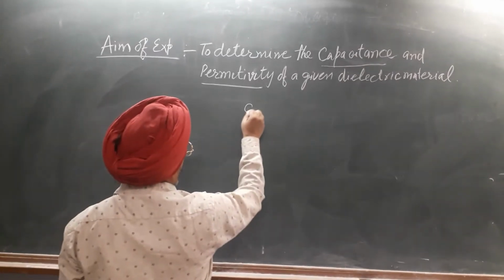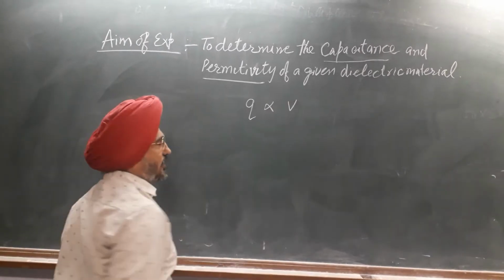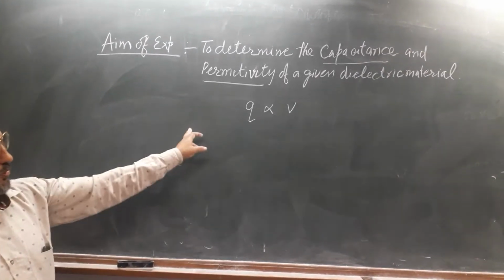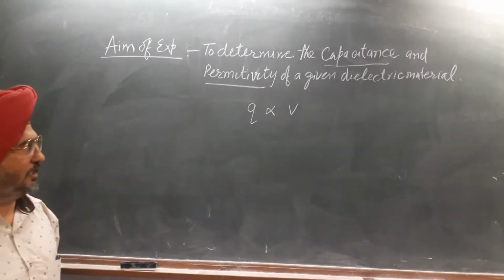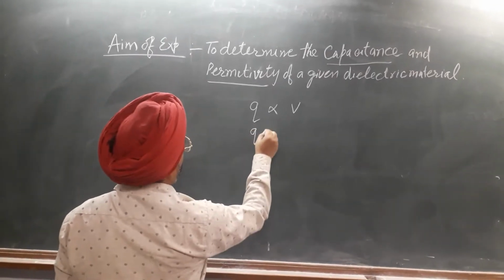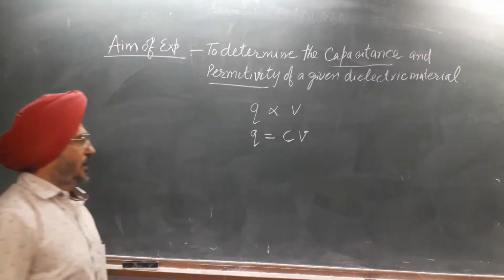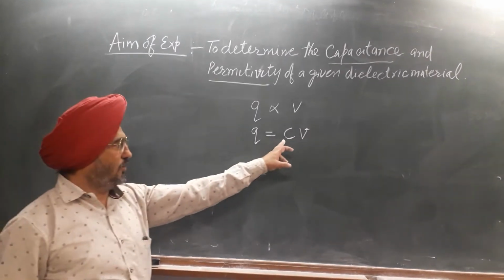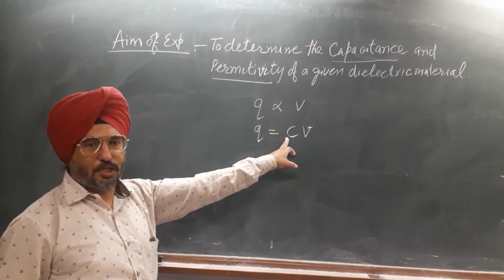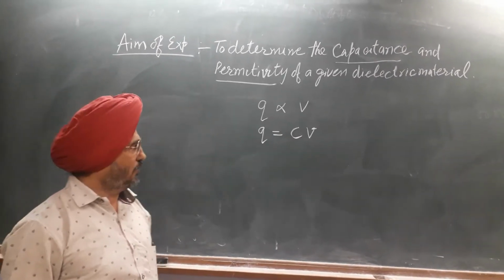The charge stored on the capacitor is directly proportional to the applied potential, and Q is equal to CV. C is the constant of proportionality, also known as the capacitance of the capacitor.